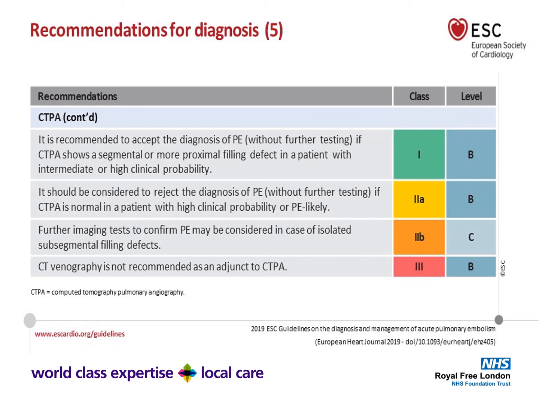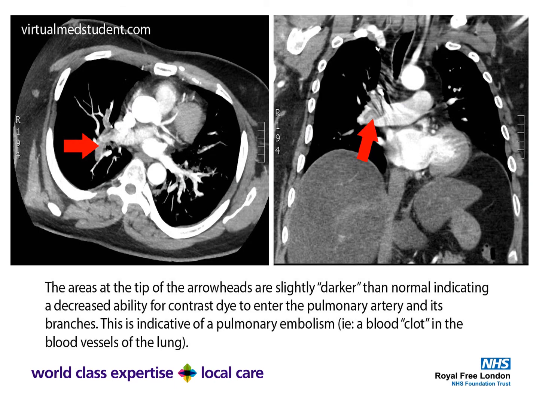The CTPA is a perfectly valid test. This is an example of pulmonary embolism on CT scan, and you can see that the areas at the tip of the arrowheads are slightly darker than normal, indicating a decreased ability for contrast dye to enter the pulmonary artery, therefore suggestive of pulmonary embolism.